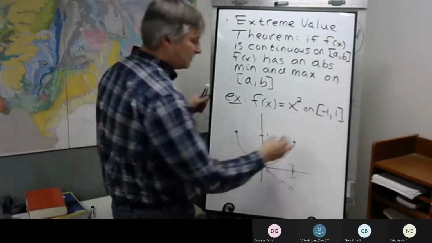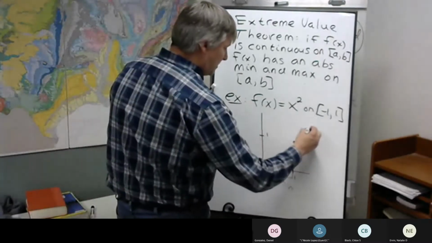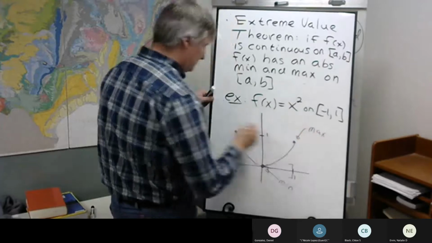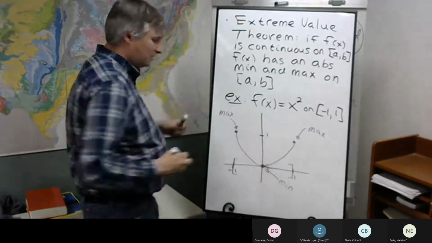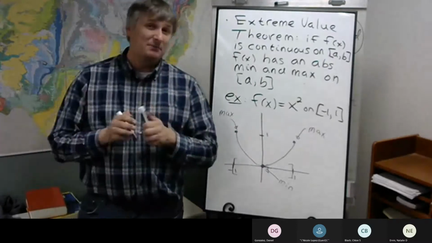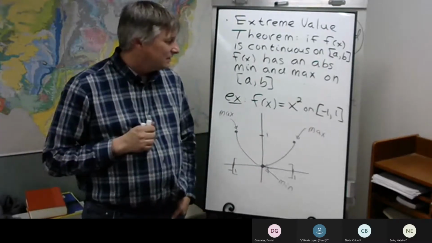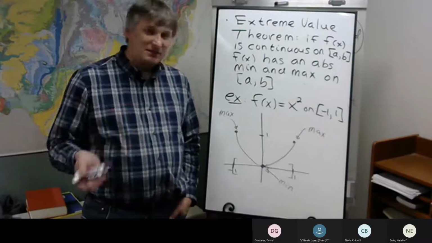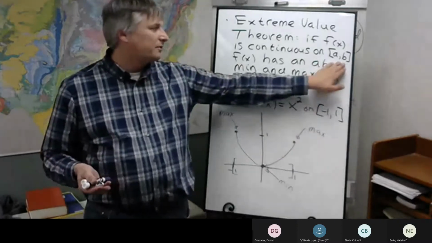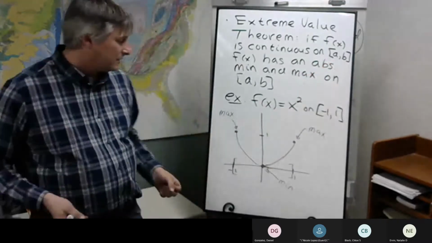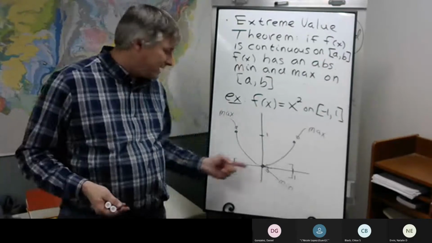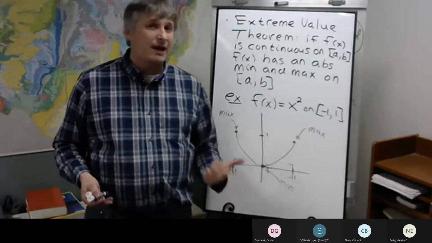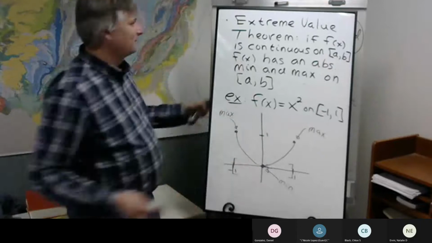So that means we have two maxes, not just one, but we have maximums at the endpoints. So that's something that closed intervals allow us to have. We might not be looking for our minimum and maximums between A and B. They could occur at the endpoints.